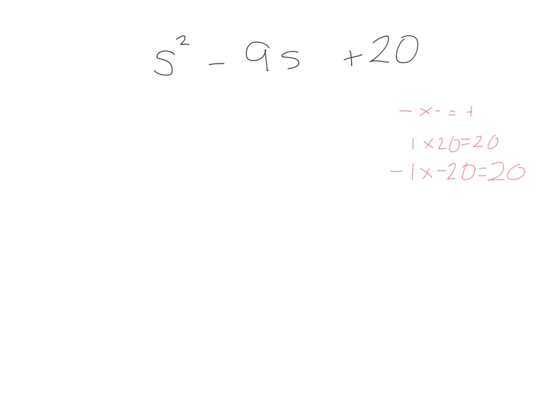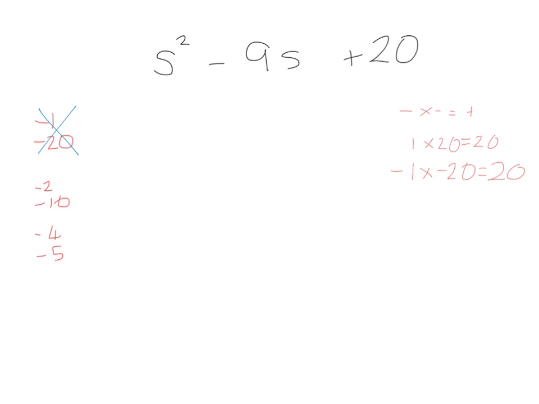So I can have minus 1 and minus 20, minus 2 and minus 10, and minus 4 and minus 5. The target is still to get minus 9s when I add these factors together. Minus 1 plus minus 20 would be minus 21, so that's not going to work.